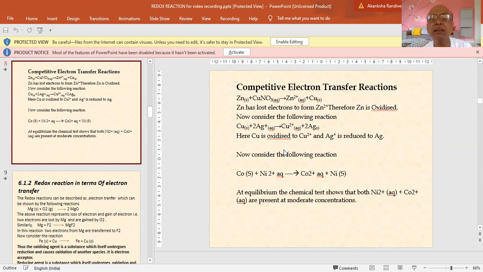In the first reaction, what happened? Zinc with copper nitrate. Zinc has lost electrons, hence it is oxidized, and copper has gained electrons, hence it is reduced. Now in the second reaction, copper has lost electrons. In the first example copper has gained electrons, but in the second example copper has lost electrons, and that's why copper is oxidized to Cu2 plus.